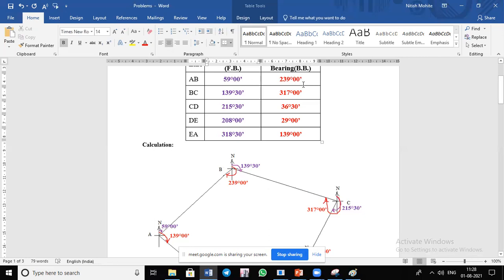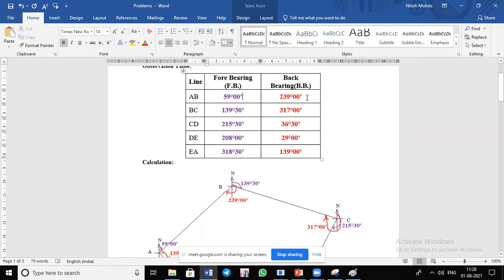So this is the correct line, which does not have any local attraction. These are free from local attraction, as the difference between this forebearing and back bearing is 180 degrees. We'll write a comment that they are free from local attraction, and the forebearing and back bearing are correct. As this back bearing is correct, the forebearing of the further line is also correct.